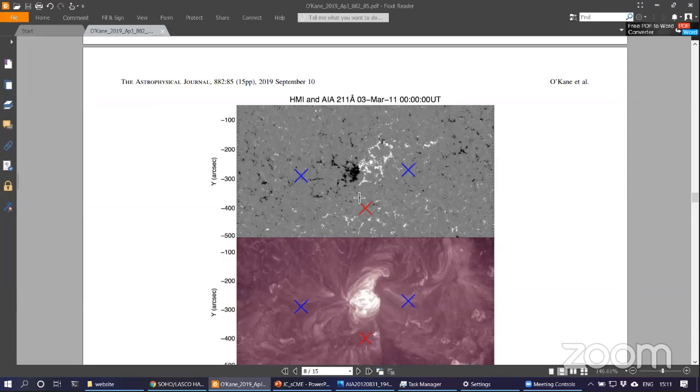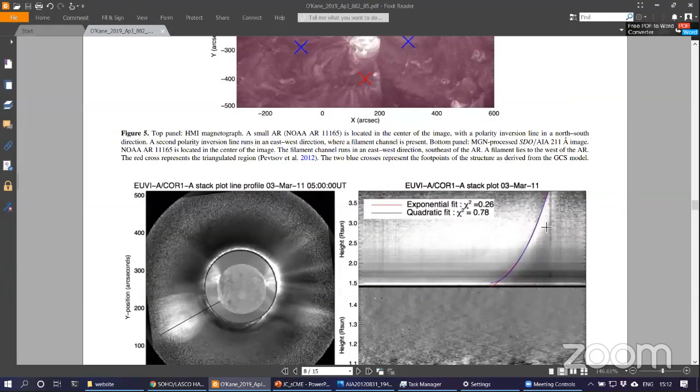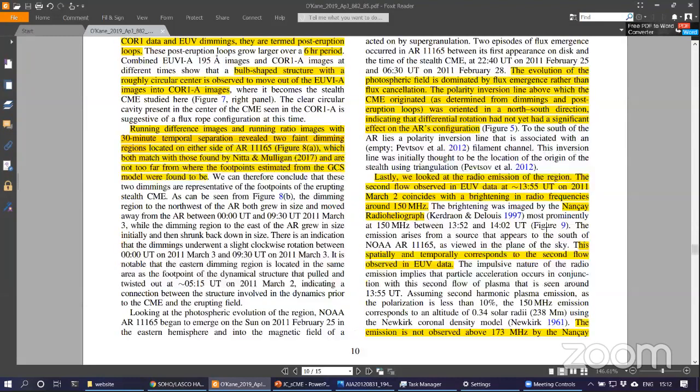But since you can see it's more or less parallel to the axis of rotation of the sun, they are pointing out that maybe the differential rotation has not yet acted on these kinds of eruptions, and that the shear theory which we have for the eruption of CMEs is not much valid for these stealth CMEs, because you can see that there is not much tilt or any tilt of the polarity inversion line. So maybe flux emergence is responsible rather than flux cancellation for such stealth CMEs.